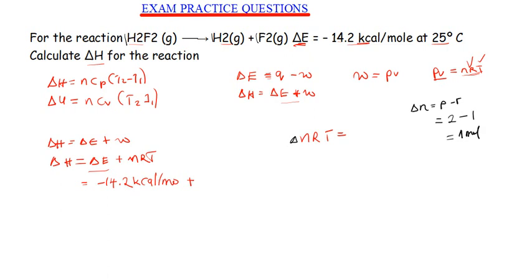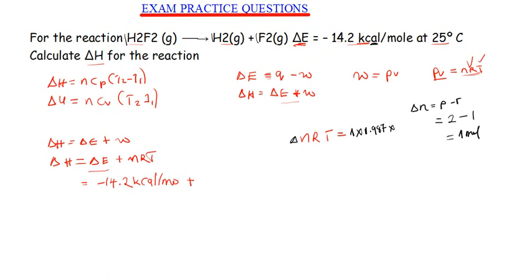So substituting in the formula, that is 1 mole times the gas constant. Since I have calories here, I'll use the same calories for R, which is 1.987. So I'll write 1.987. Then I'll multiply by the temperature.